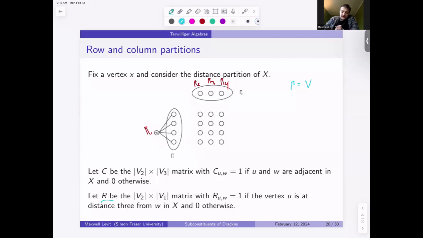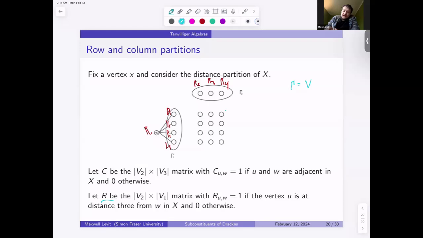Then for the row partition, I do something similar. What's going on with all of the neighbors of R1? These neighbors, so this is maybe B1, the first blue vertex. The numbers are arbitrary, but the colors just have to be some completely disjoint thing. Maybe this is a yellow one, this is the pink one, this is the lilac one. The point is these things all belong to some fiber themselves, some color class.